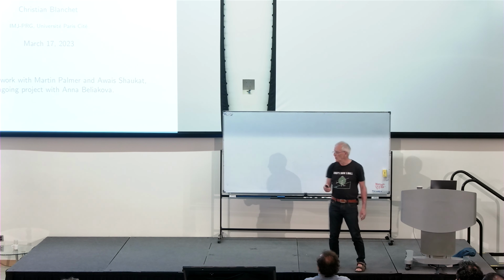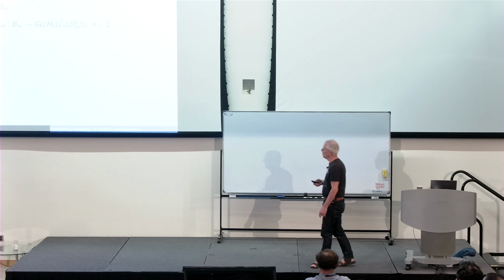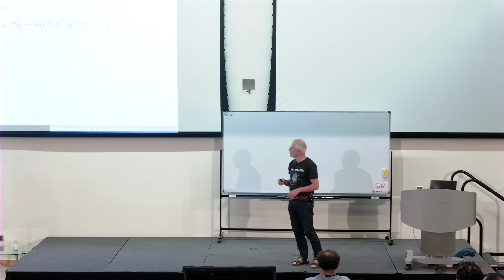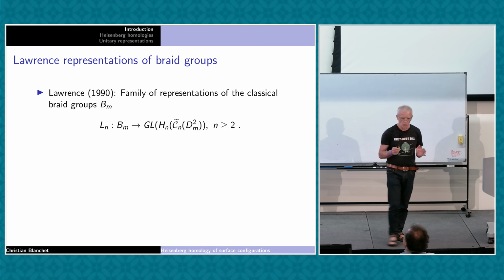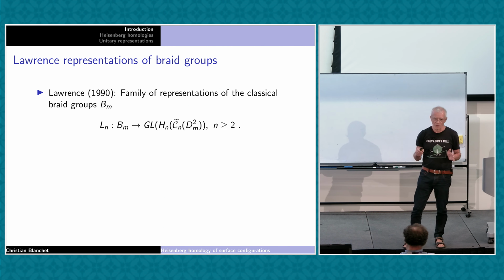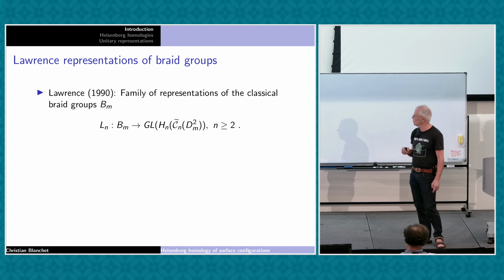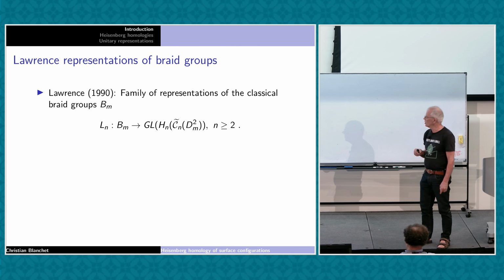So as a motivation, just a few words about what was at the beginning the Lorentz representation. And she gave families of representation of the classical braid groups acting on a certain homology.